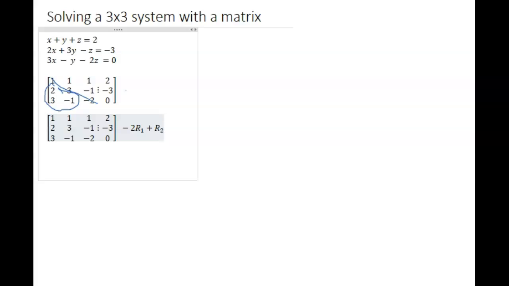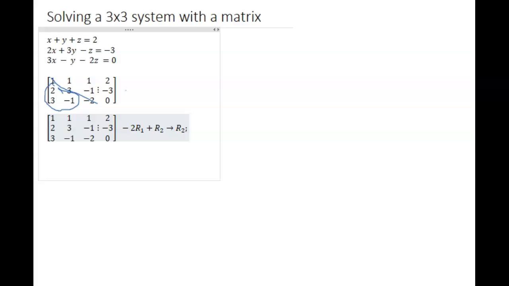I'm going to leave the top row as it is. I'm not going to change it at all. I'm just going to use it and then throw it back. I'm going to replace the second row with the result after I do that operation.